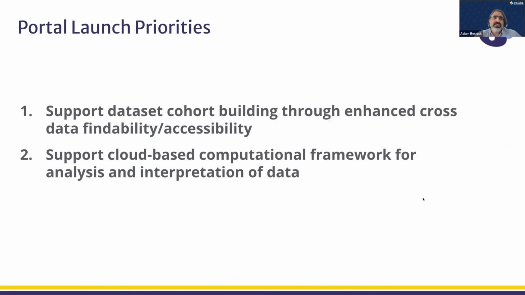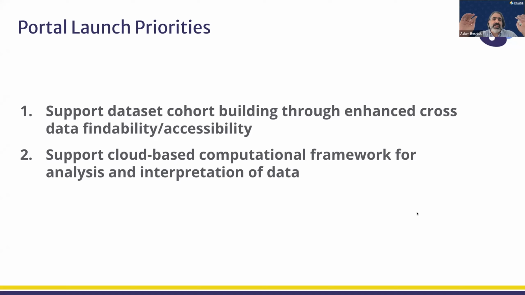So for the initial launch, our priorities were really twofold. The first is to support a framework for cohort building through enhanced cross-data findability and accessibility across an initial set of cohorts that really serve as the launch point for the data hub.